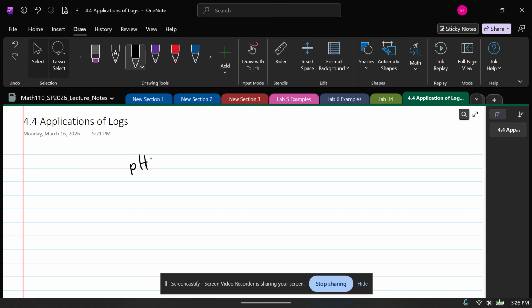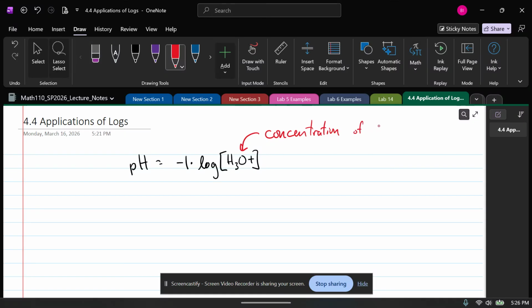Now here's the equation we're going to play with today. pH equals -1 times the log of, and now I'll put a bracket here, H3O plus. This right here is the concentration of the H3O plus ion.